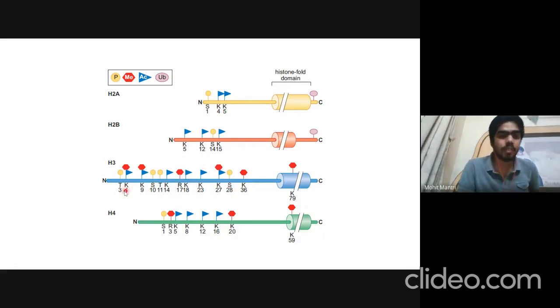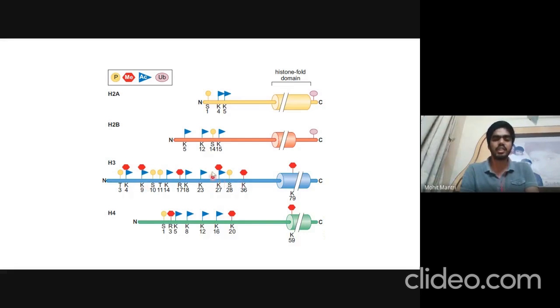So, for example, it is usually seen that active genes have H3K4 acetylation and H3K4 methylation, and genes which are inactive have H3K9 methylation or H3K27 methylation. So if a methylation mark is present on the ninth lysine residue of histone H3, then it will suppress the transcription of that gene.